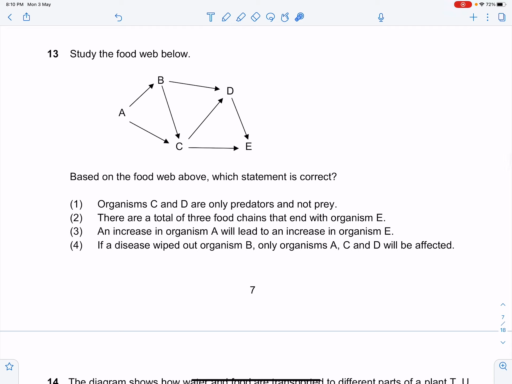Question number 13. Study the food web below. Let me do a very quick recap. The difference between a food web and a food chain is that a food web is made of multiple food chains, and this food web is present because in reality, animals don't just have one choice of food.